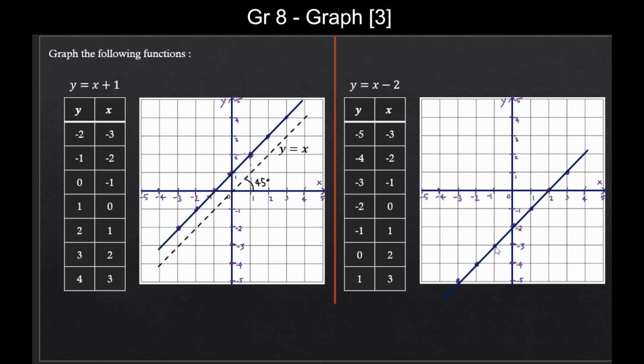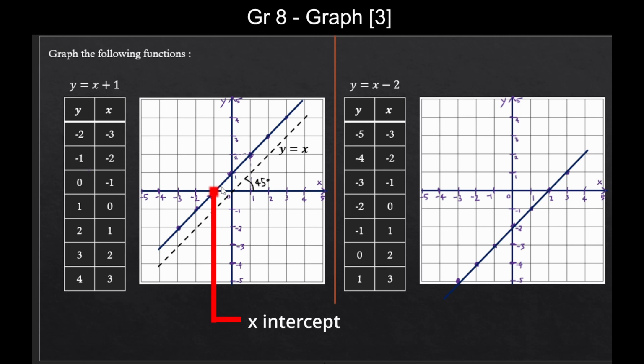Now, I'm going to talk about the most important one today, the intercept. Intercepts are the points that touch either the x-axis or the y-axis. If there's a point that is touching the x-axis, for example this one, we call this point the x-intercept.